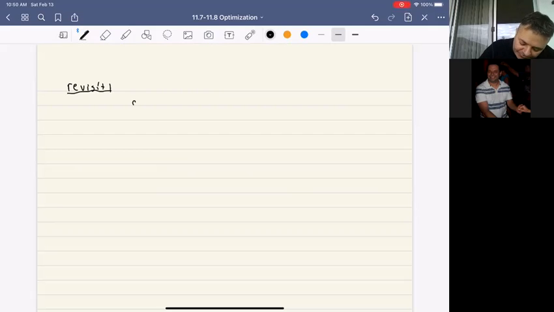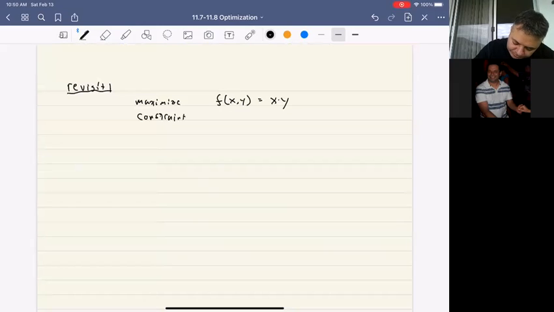So we want to maximize f of x y equals x times y, with the constraint that g of x y equals x plus y equals L. We're going to do this with Lagrange multipliers.